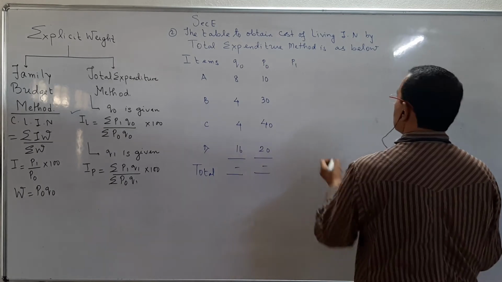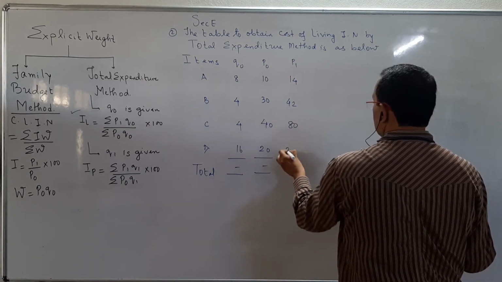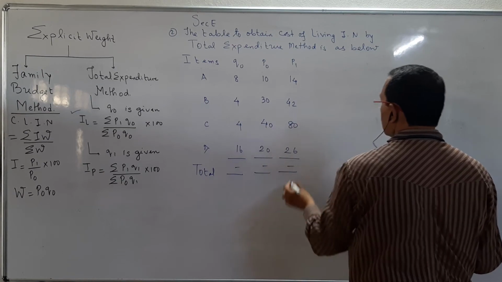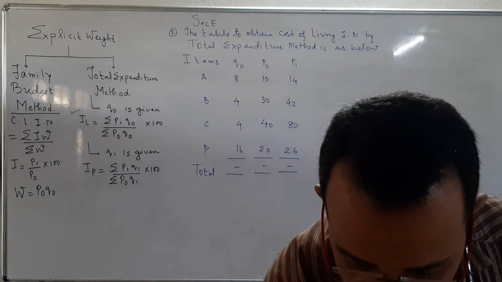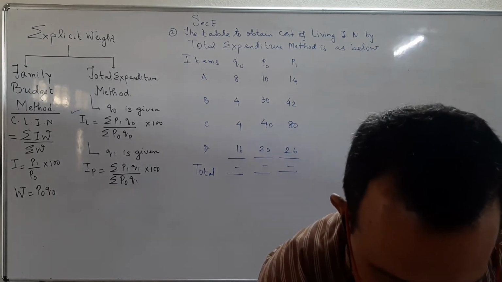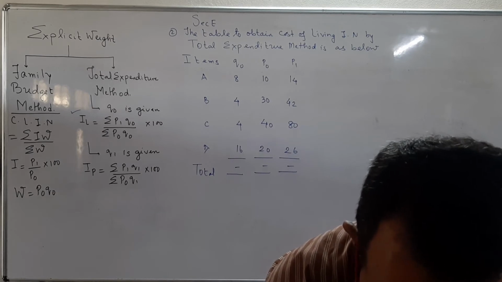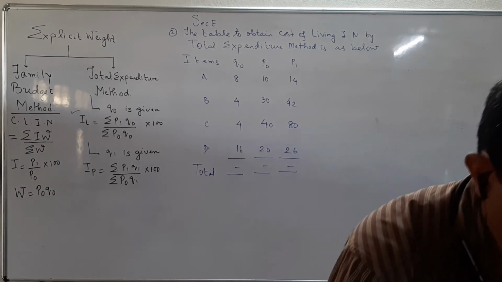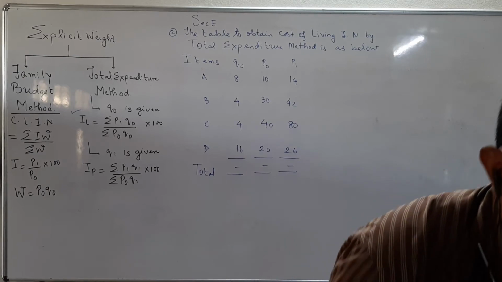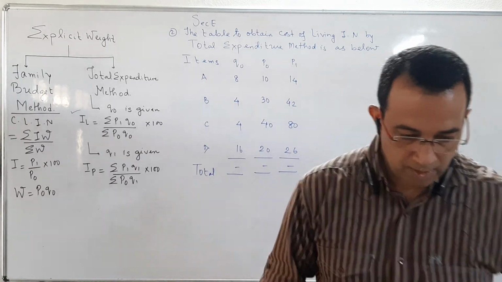Current year's price 14, 42, 80 and 26. Okay students, so here you can say the calculations are comparatively very easy. So this is comparatively, you can say, the easiest sum.